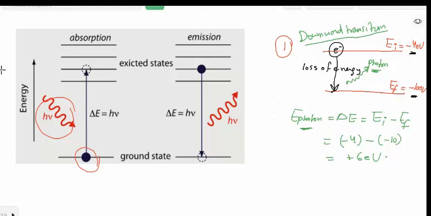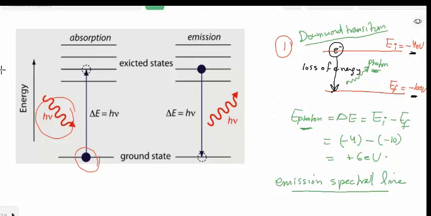And this corresponds to the emission spectral line we studied before. Because this jump produces light, the photon has a certain color represented by an emission spectral line.